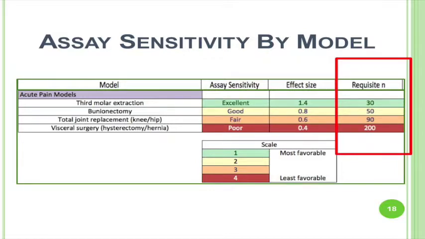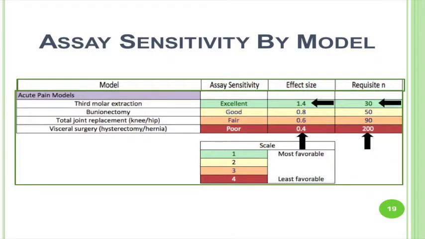A change in the effect size from 1.4 to 0.4 changes the number of patients that you need in the study from 30 to 200.